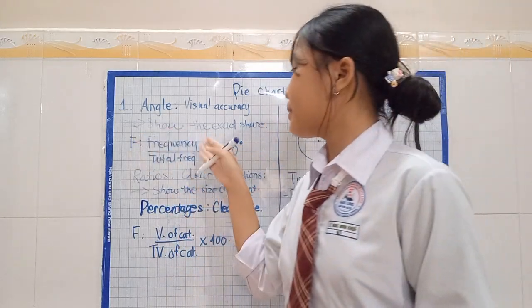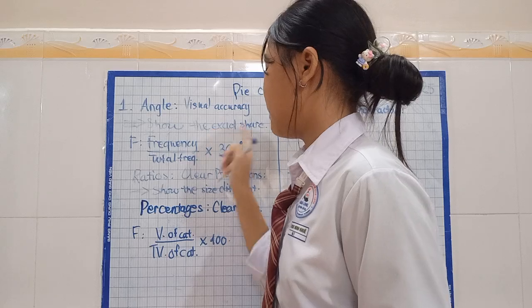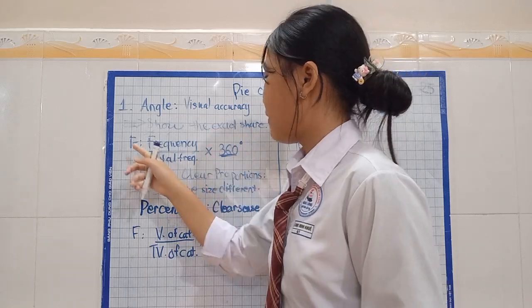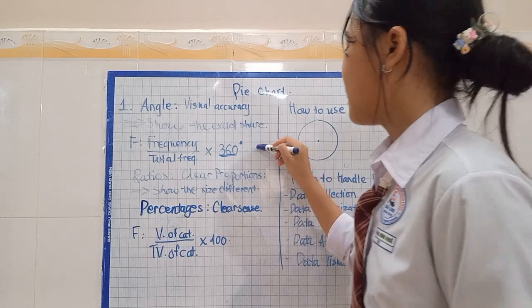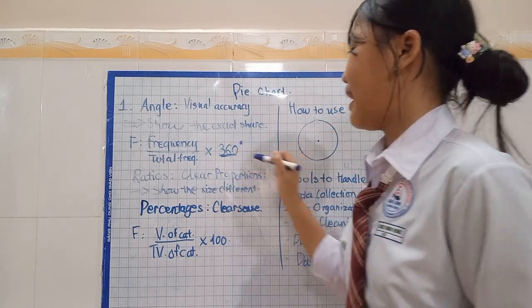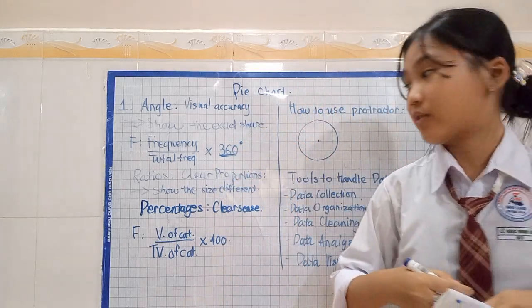So basically the frequency here is 25, and then we divide by 100. So we get 0.25, and then we multiply it by 360. So that's our first part.